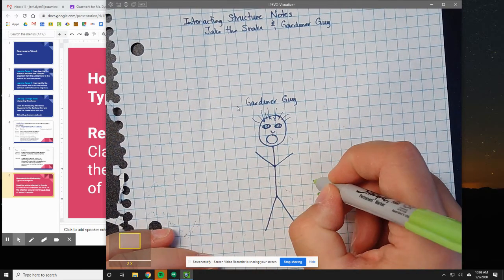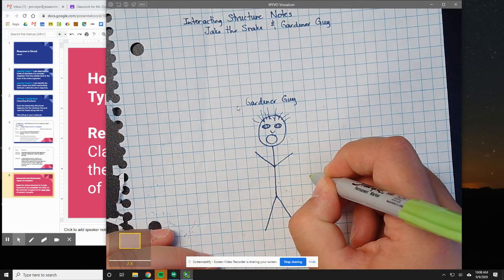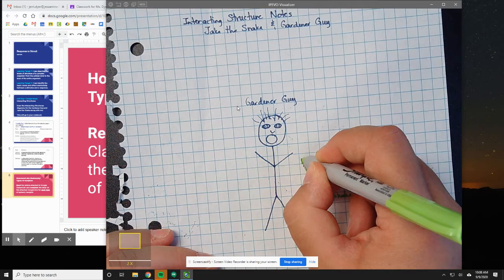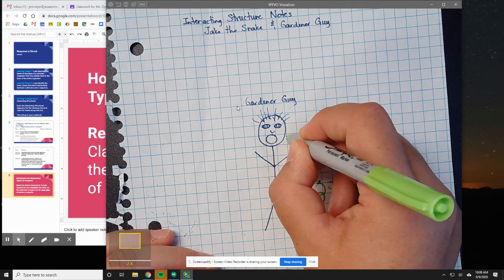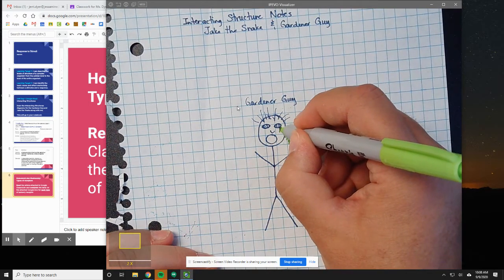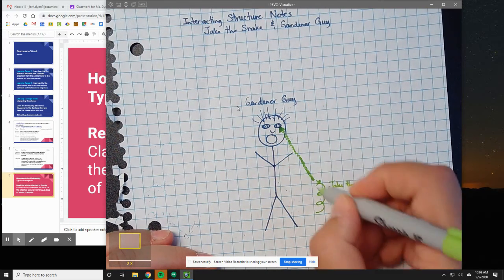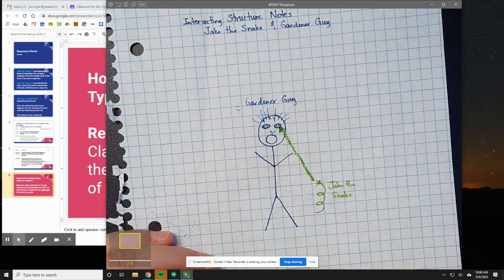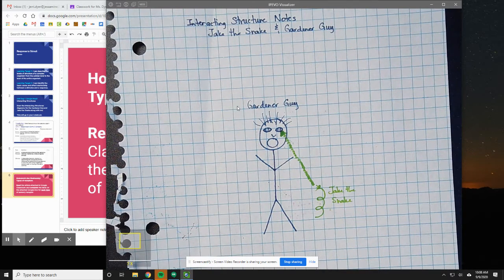So let's take a look at the very first thing that has to happen. So the first thing that has to happen is that light from the snake has to get to the gardener guy's eye.